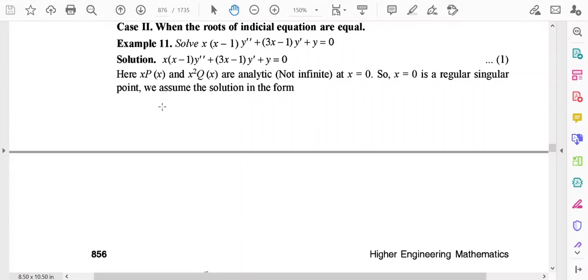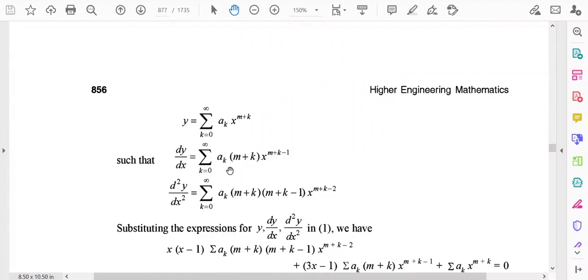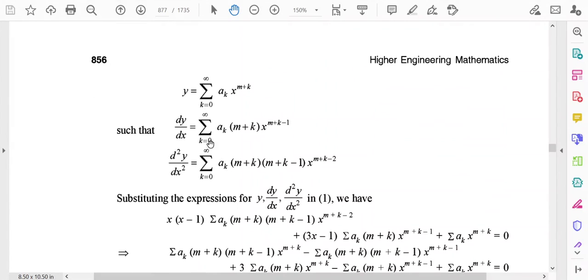Every time we solve a series solution, the first step is to check whether x equal to 0 is a regular singular point or not. After checking that, we assume the solution of the equation in the form y equal to the sum from k equal to 0 to infinity of a_k x to the power m plus k.